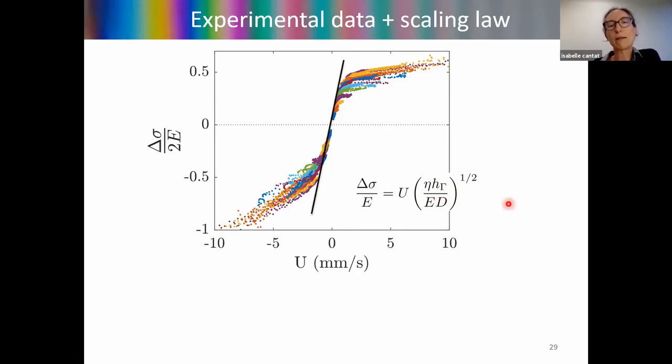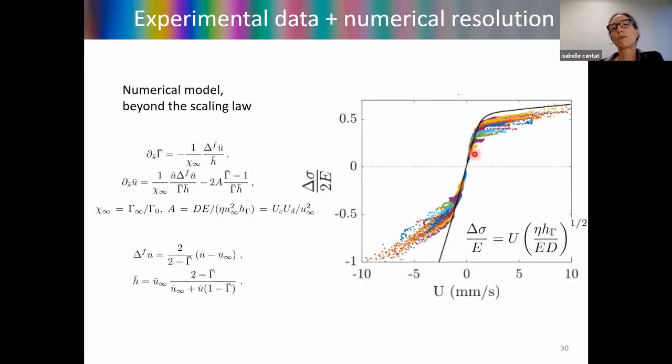But it is still not entirely satisfying at this stage. So instead of doing scaling laws, we solve exactly the model I explained to you, but with the rheology partial differential equations. And this time we got this black line.